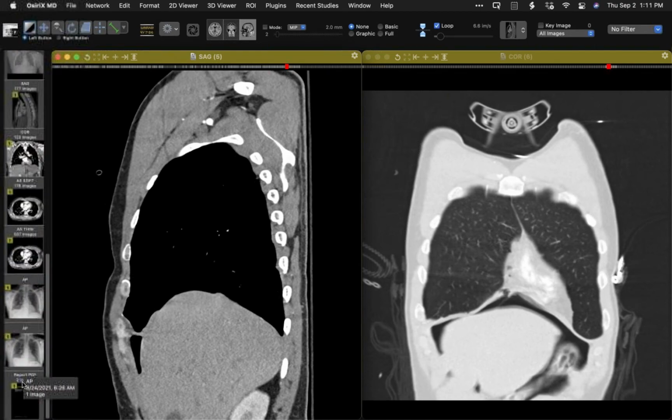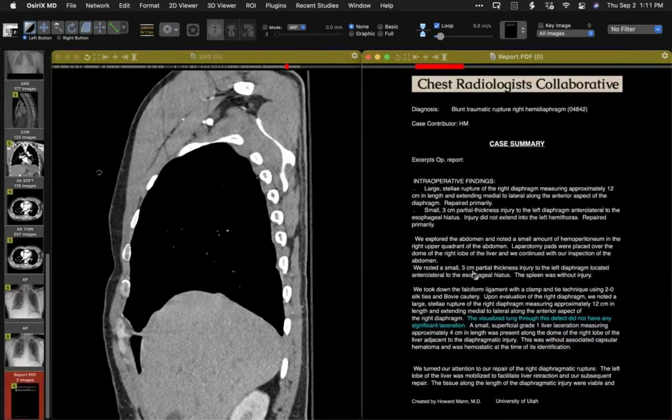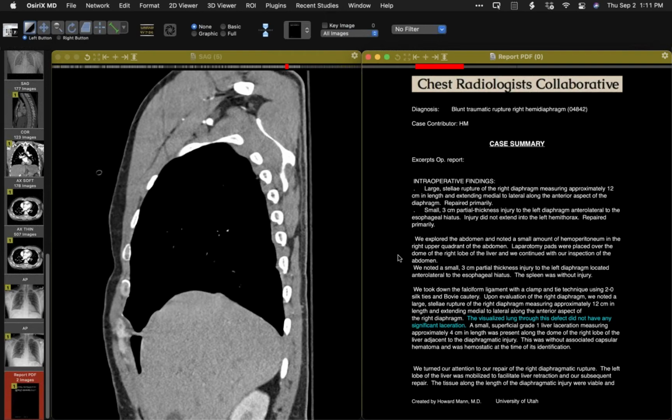Here is the op report showing the findings consistent with a rather large rupture of the anterior right hemidiaphragm, 12 centimeters in length, which they repaired. When they looked at it, they saw some lung through the defect, which didn't have any laceration.